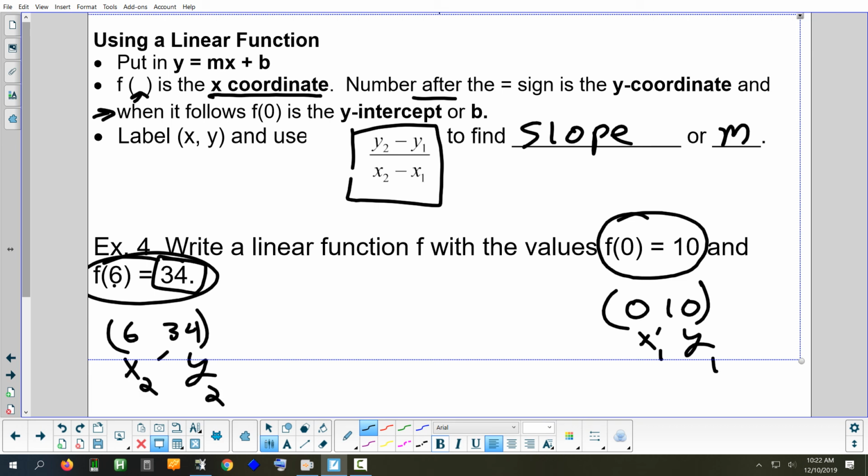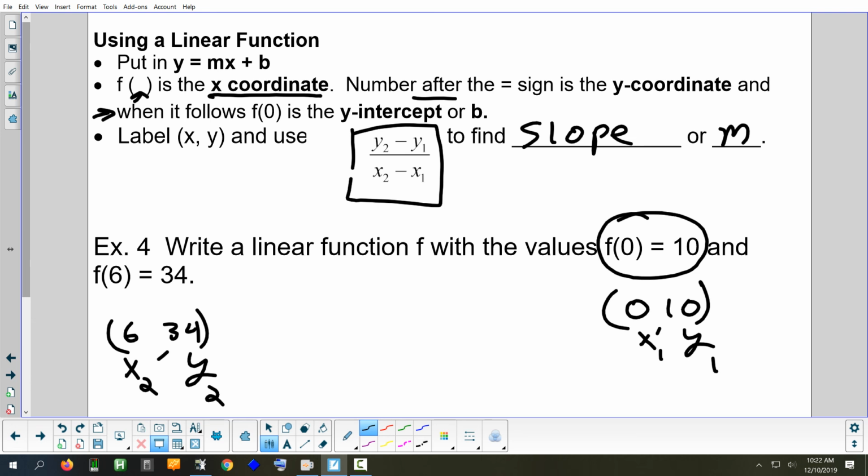So those are your 2's. Okay. 6, 34. Basically, all you've got to do is cross out the f, cross out the equal sign, put a comma, and put a parenthesis. It's basically in the same order that you see it. The 6 is first, and then the 34 is the second part of the coordinate.